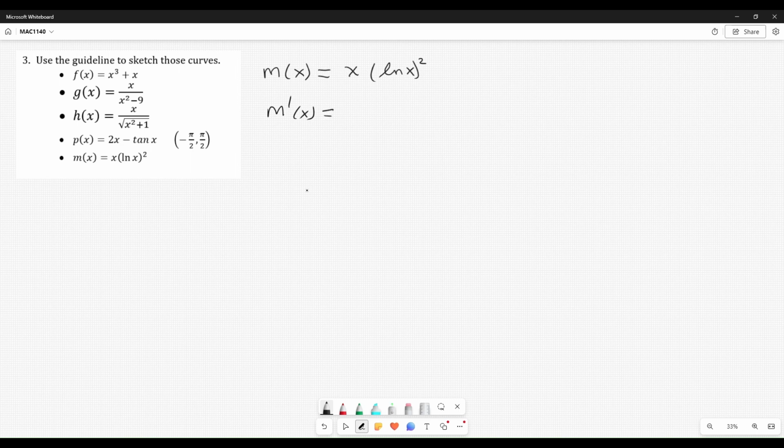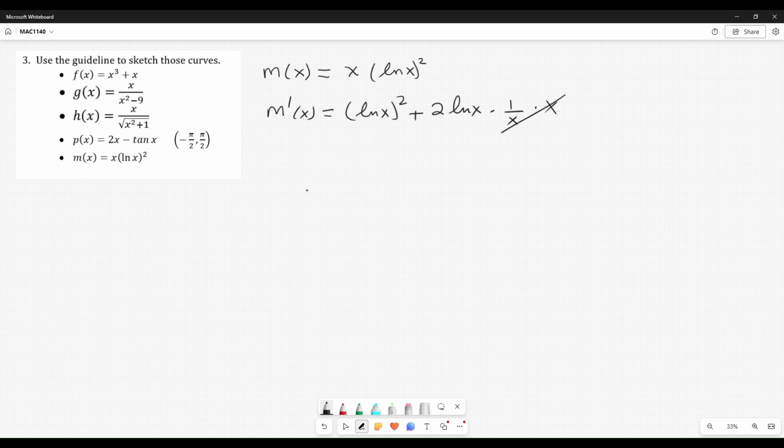Of course, you apply the product rule. Derivative of x is 1 times ln x squared, no derivative, plus the derivative of this, which is 2 logarithm of x times 1 over x, the derivative of the logarithm, multiplication by x.